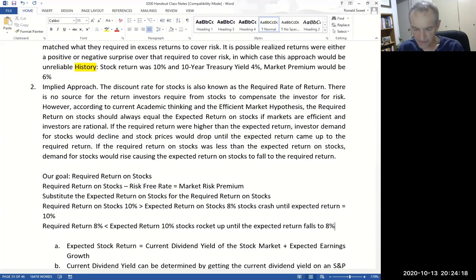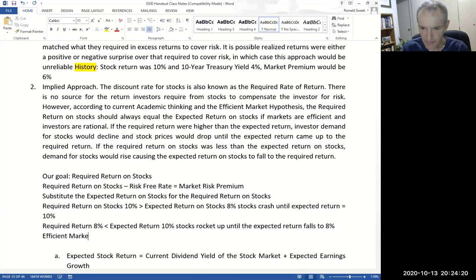So this is the power of the efficient markets. Efficient markets make a lot of sense. It doesn't make sense for stock investors to keep buying stocks if the required return is greater than the expected return. So it just makes perfect sense. It's a very logical theory. So I like it a lot for that reason.